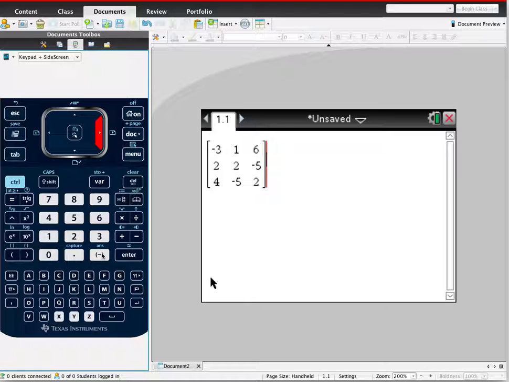So once I fill out that matrix, what do I do next? Raise it to the negative 1 power. So raise it to the negative 1. Okay, and then I'm going to hit times, and I want to multiply it by what?